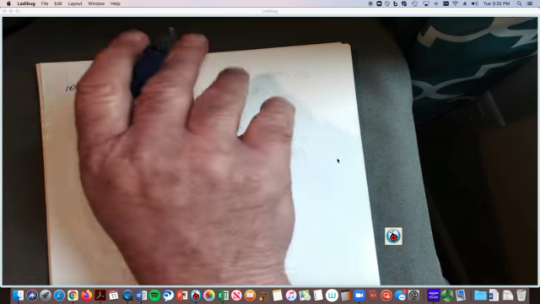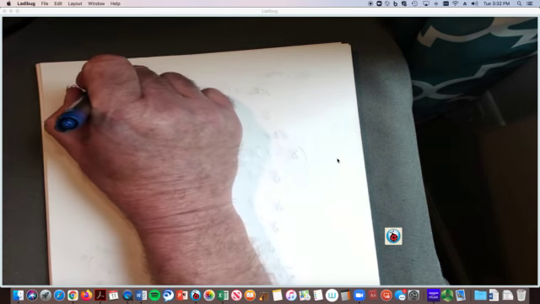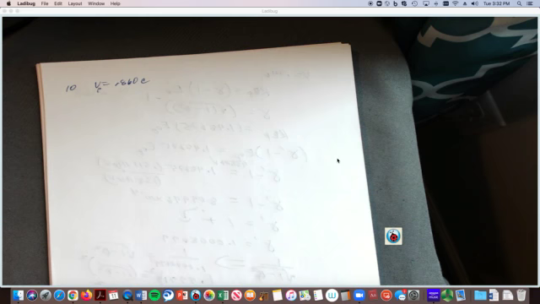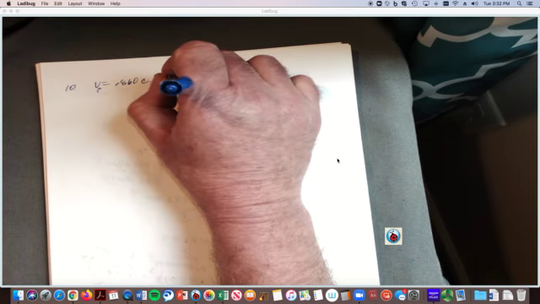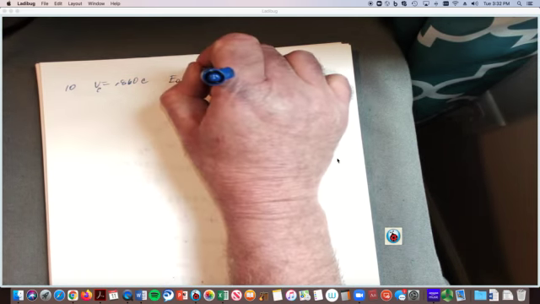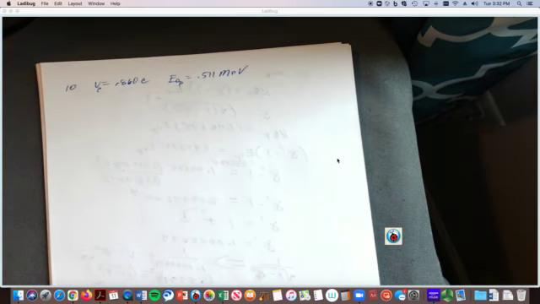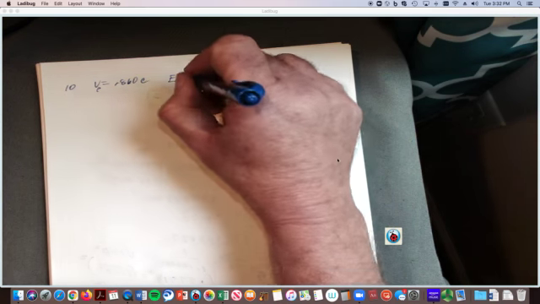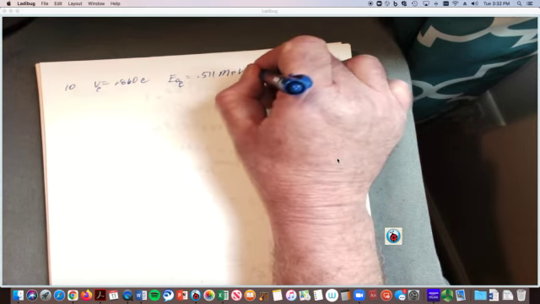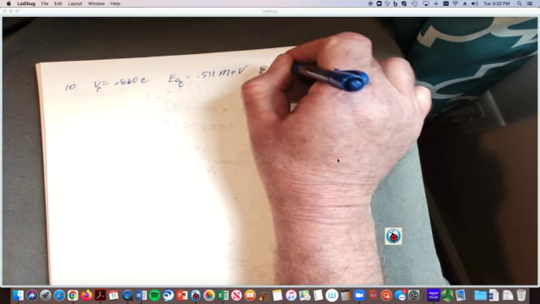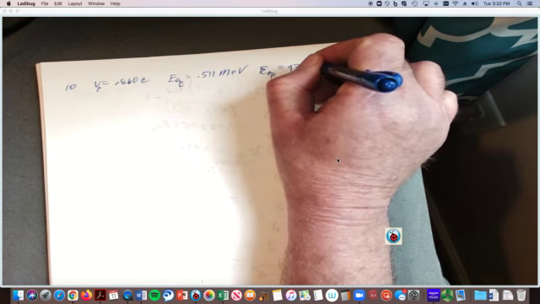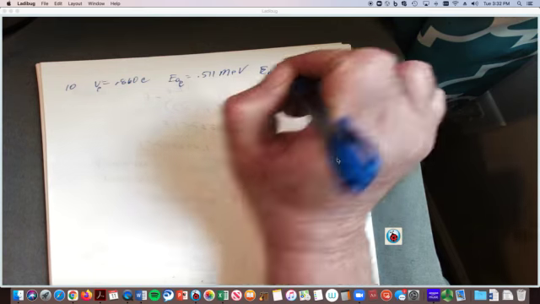So for working problem 10, what they're saying is: this is the velocity of the electron, and the rest energy of the electron is 0.511 mega electron volts. You must work in electron volts, otherwise your calculator will explode. The rest energy of the proton is equal to 938 mega electron volts.